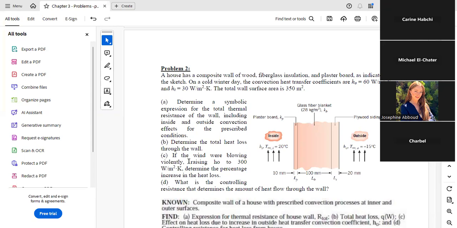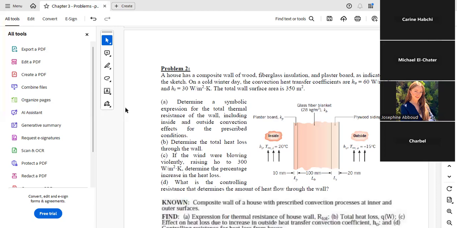Now, they asked first to determine the total heat loss through the wall. We can do this as we did in the previous problem. Then they asked, if the wind were blowing in a violent way, raising Ho to 300 watt per meter square Kelvin, determine the percentage increase in the heat loss.